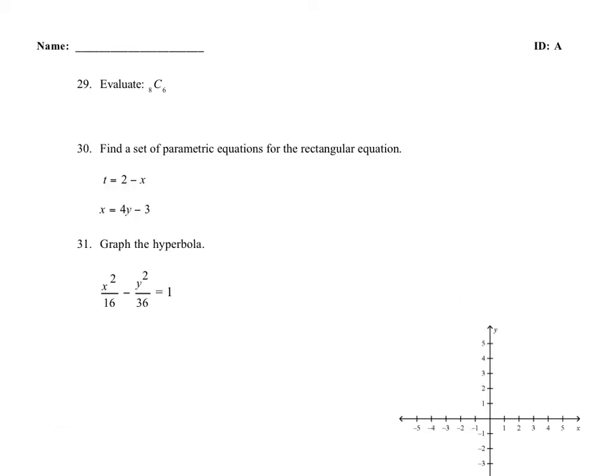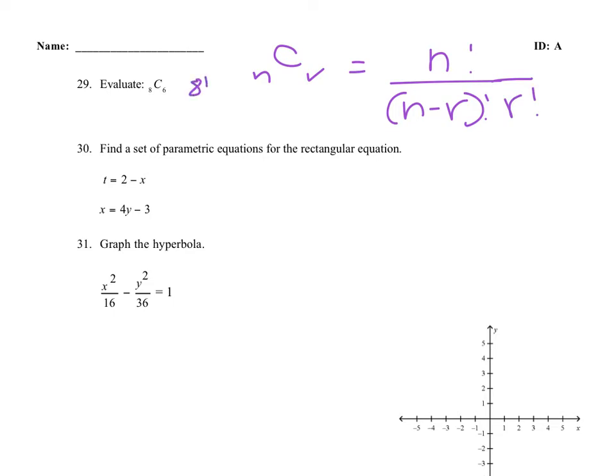Okay, C is the combination, formula for combination, and neither of these are on there, so make sure you know these. Combination, nCr, is n factorial over n minus r factorial. It starts the same way, except that you multiply it times r at the end, r factorial. So this would be 8 factorial over 8 minus 6 factorial times 6 factorial.